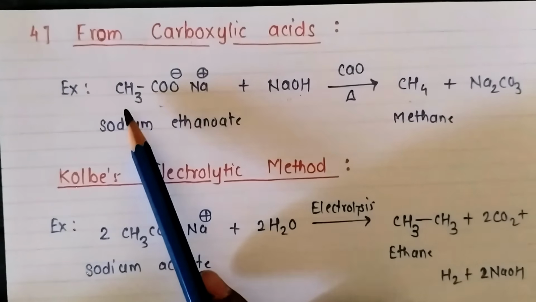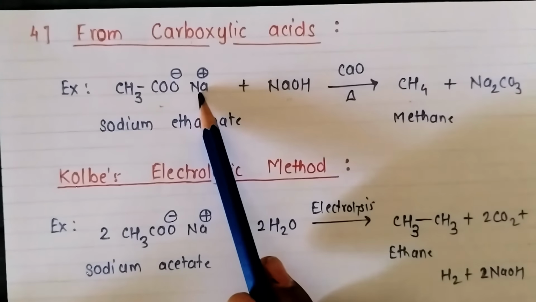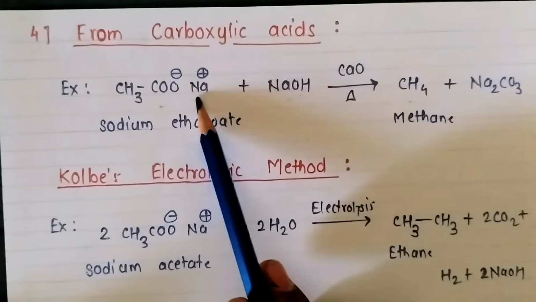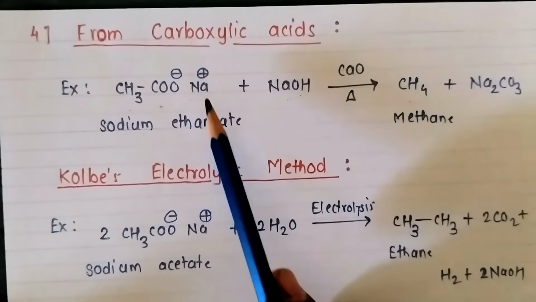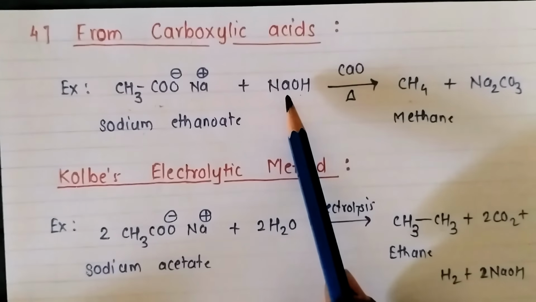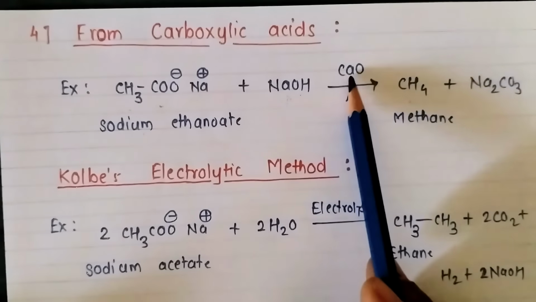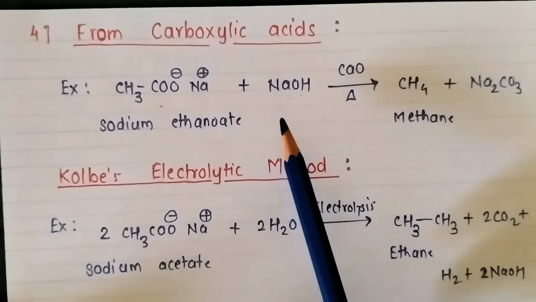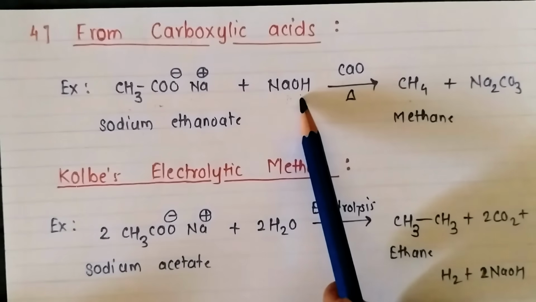So what happened? We see an example, sodium ethanoate. This is the sodium salt of a carboxylic acid. Sodium ethanoate reacts with soda lime, that is sodium hydroxide and calcium oxide, on heating.